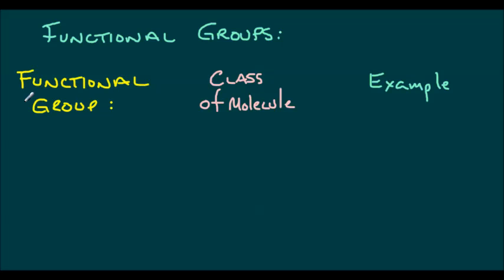So the first functional group I want to look at is the hydroxyl group, and that hydroxyl group has a standard look of a carbon atom bonded to an OH, an oxygen and a hydrogen. And this class of molecules is generally considered to be alcohols.